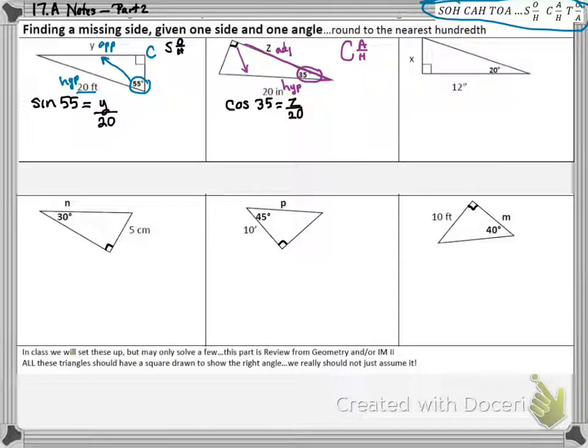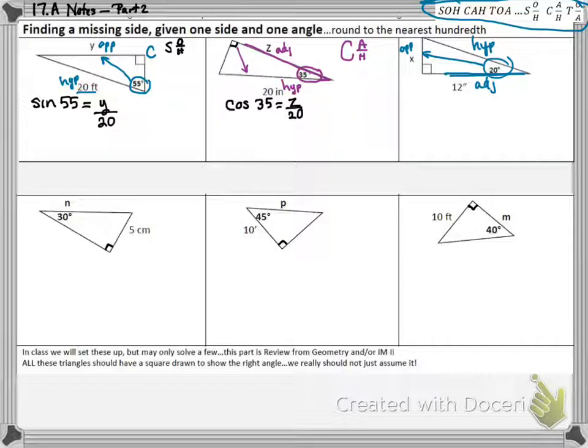Go over to the third one. I know one angle, 20 degrees. I see this one, which is opposite because it doesn't touch it. And then I see the 12-inch one, which touches it but is not the hypotenuse. This is my adjacent. My hypotenuse is over here.